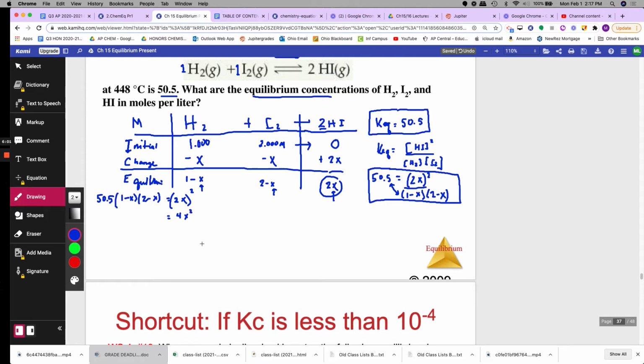Okay. And then this one, 50.5, I'm going to FOIL this first 2.